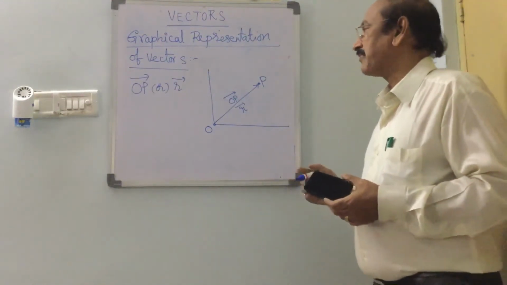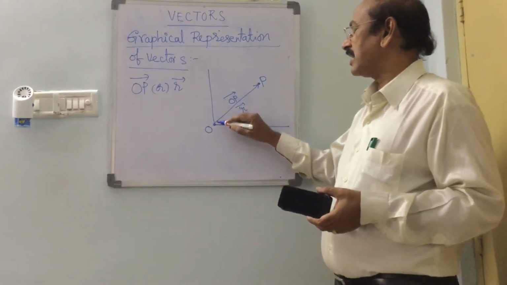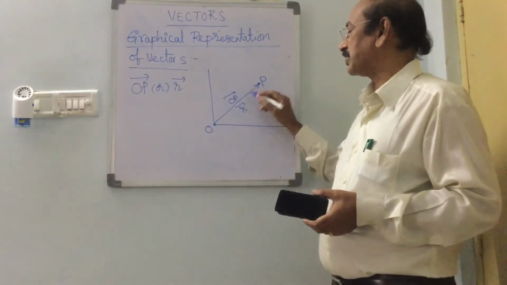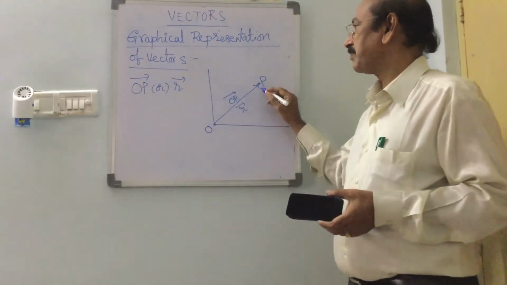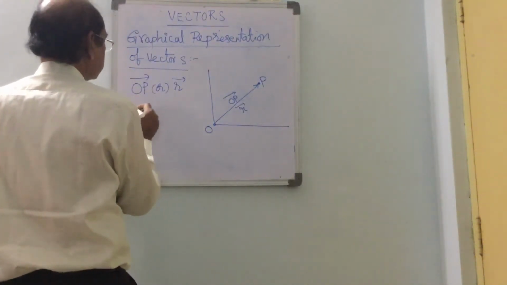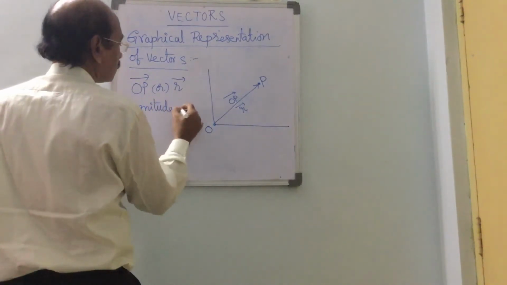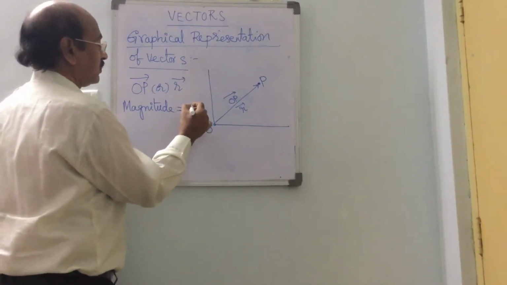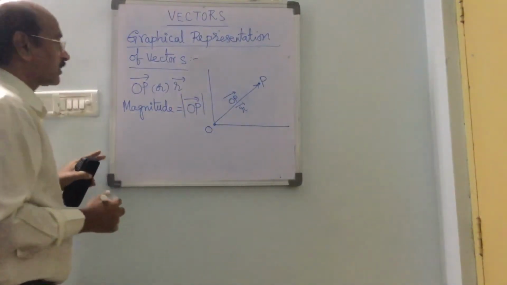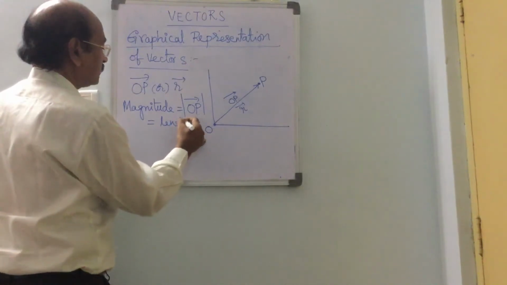Here, as the vector possesses both magnitude and direction, the length of the vector represents its magnitude, that is O to P. Magnitude is OP bar, modulus of OP bar. It is nothing but the length of the arrow.